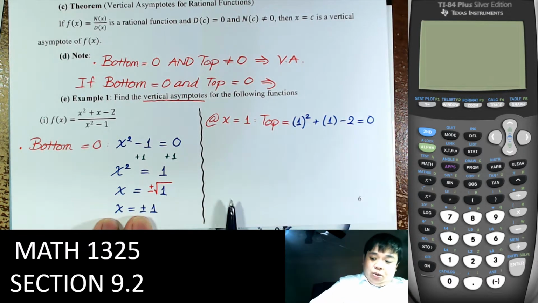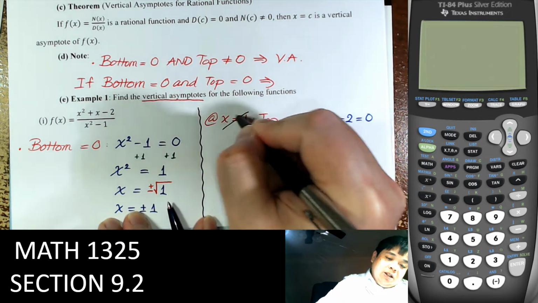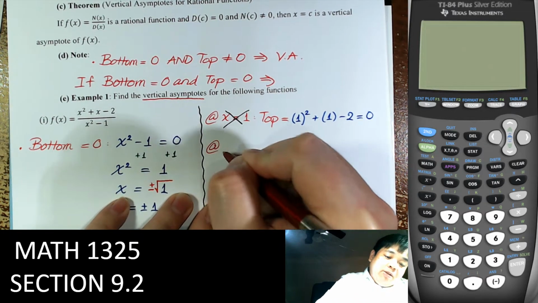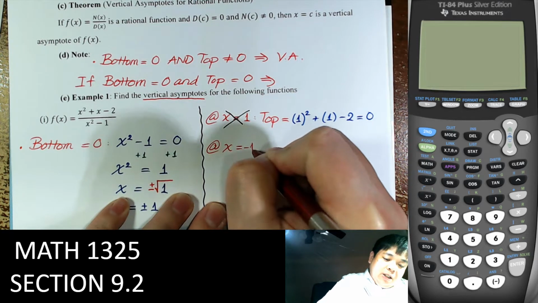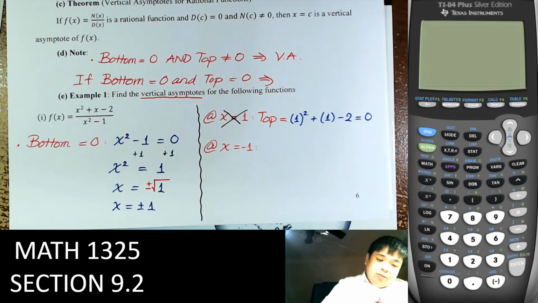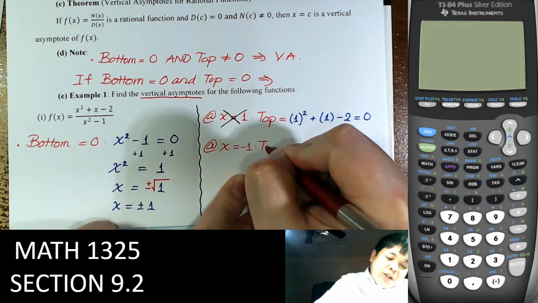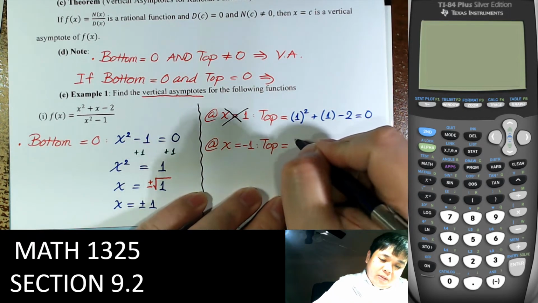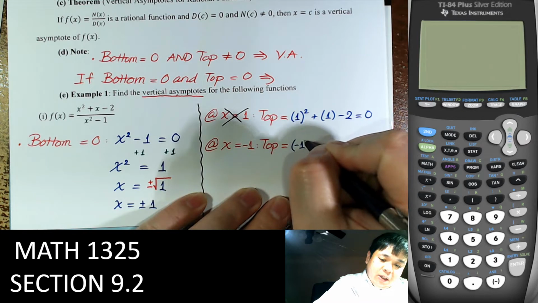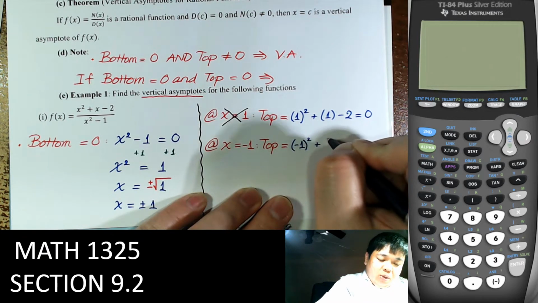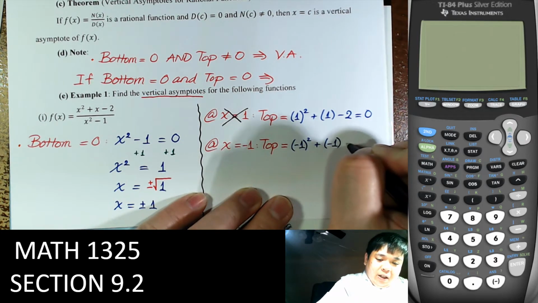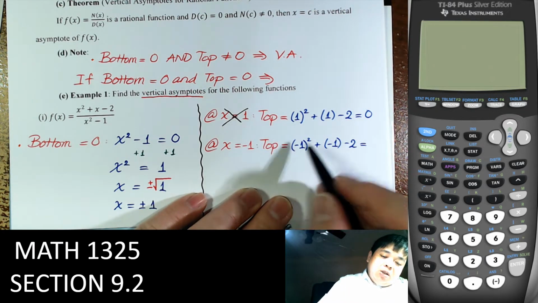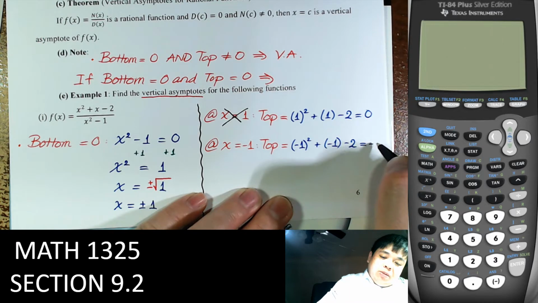Since this is equal to 0, this is not a vertical asymptote. Then we test the other value. When x equals -1, the top equals -1 squared plus -1 minus 2. So that is 1 minus 1 minus 2, which is minus 2.